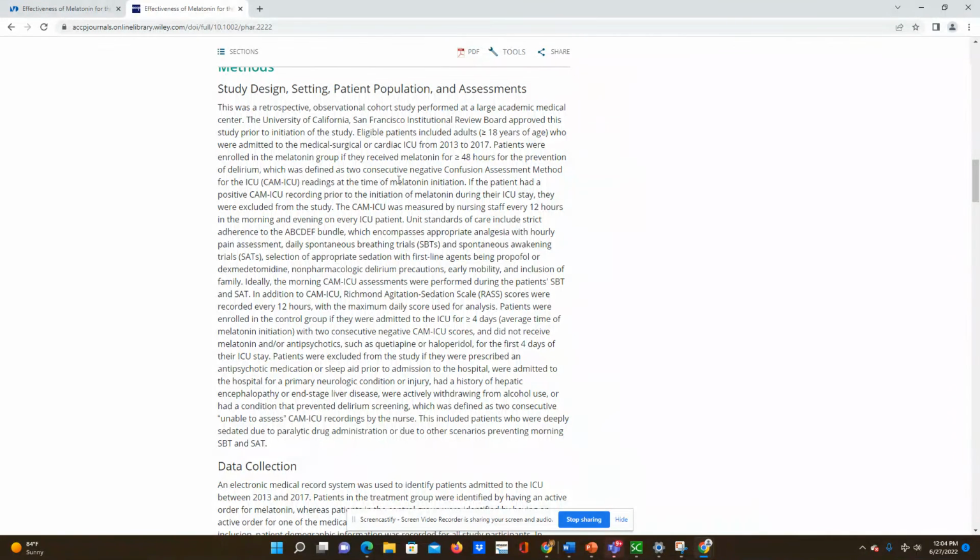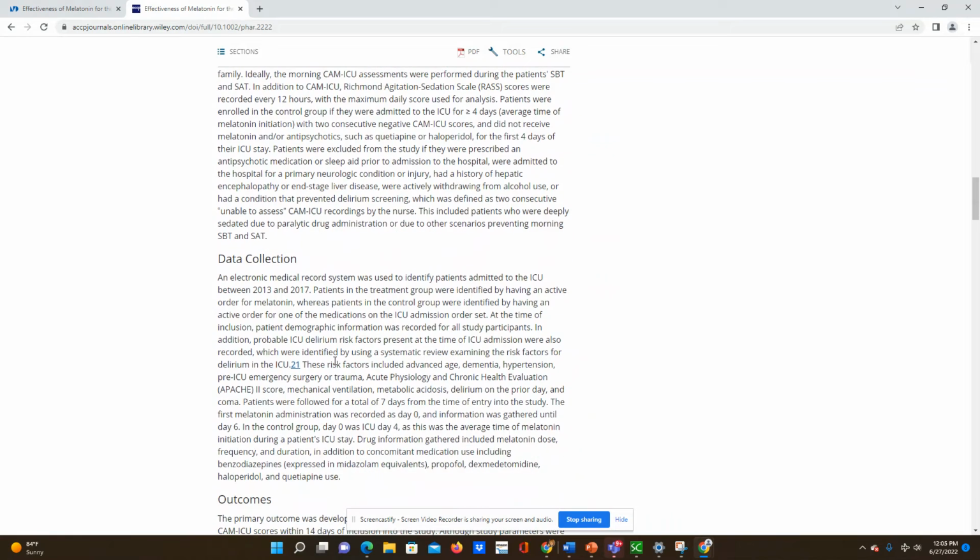They don't tell you the reliability or validity. Let me see, methods. They don't say if this instrument is reliable, but they also use the Richmond Agitation Sedation Scale. So they use these two instruments, and they collected the data.